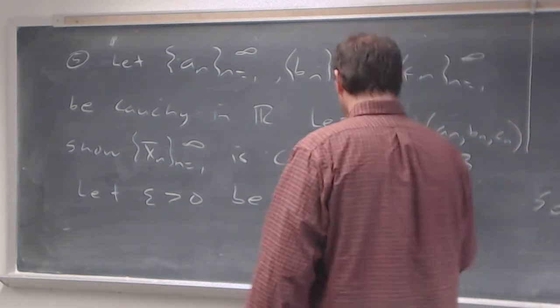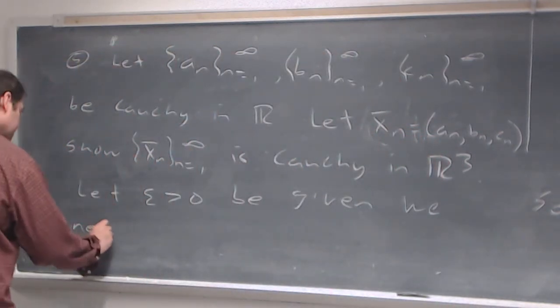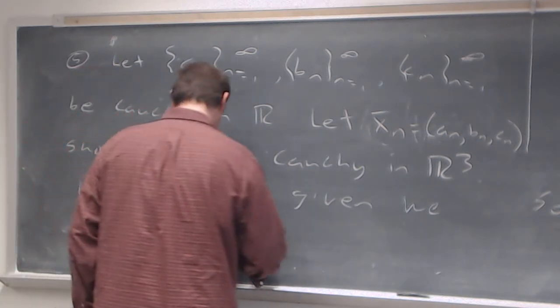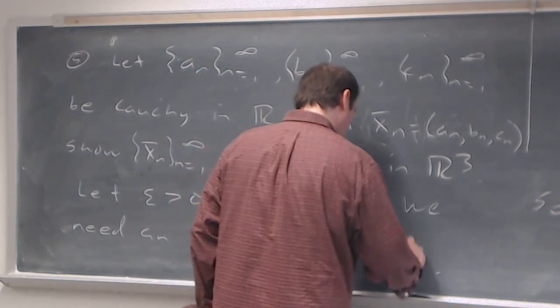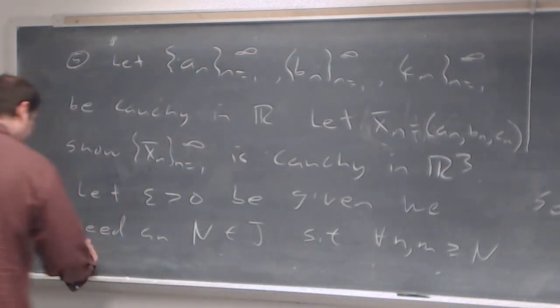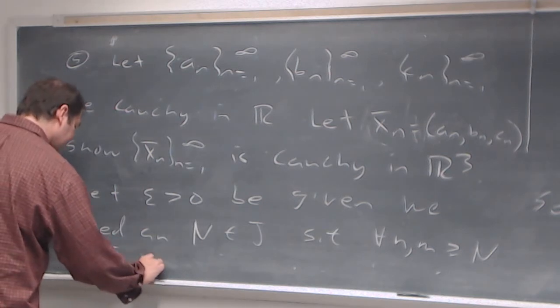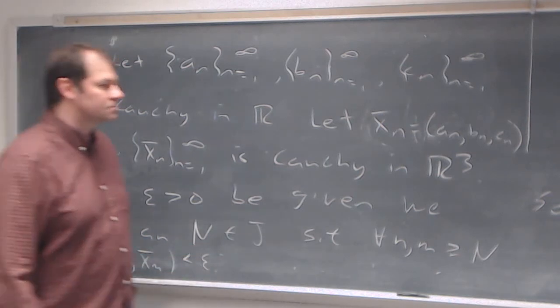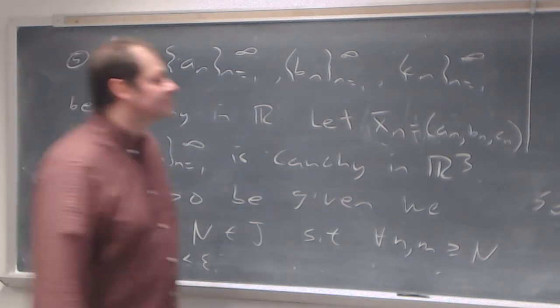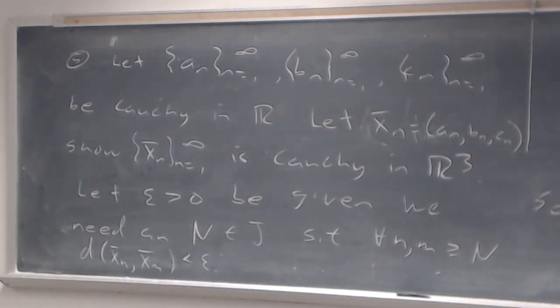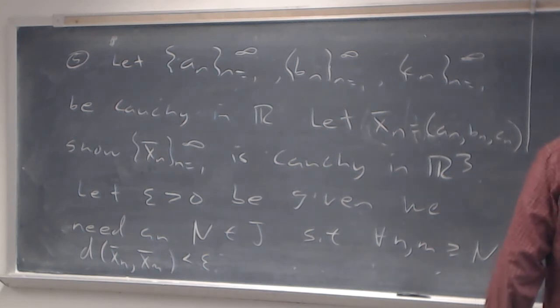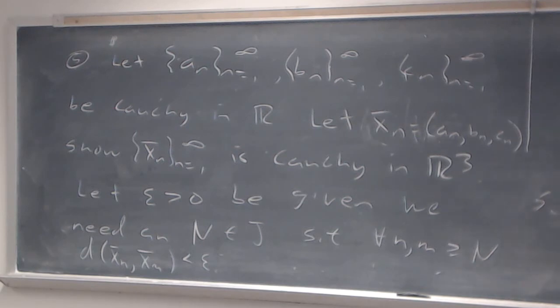So that's what we've got to find, this N. We need an N such that for all n and m greater than or equal to big N, the distance between x of n bar and x of m bar is less than epsilon. That's what we've got to do.